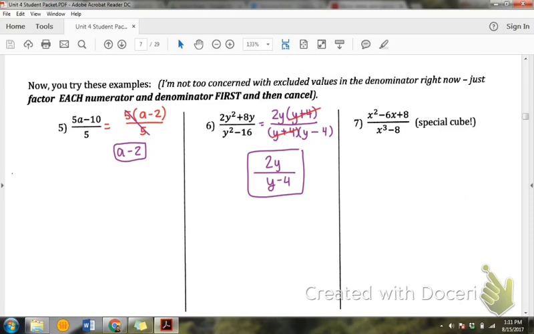Okay, let's factor the top first. Go ahead and factor the numerator. You know how to do that one. Is the cube a special snowflake?